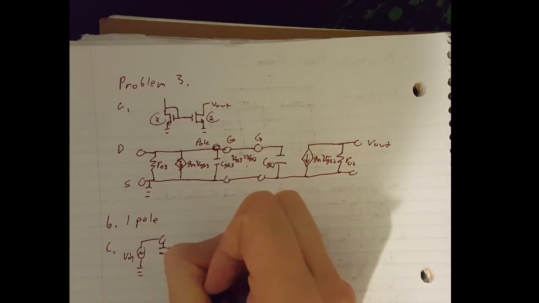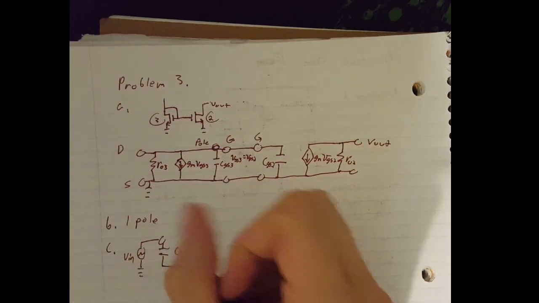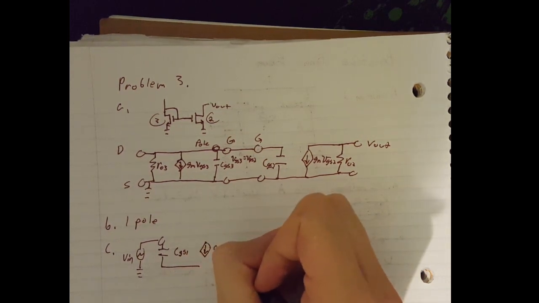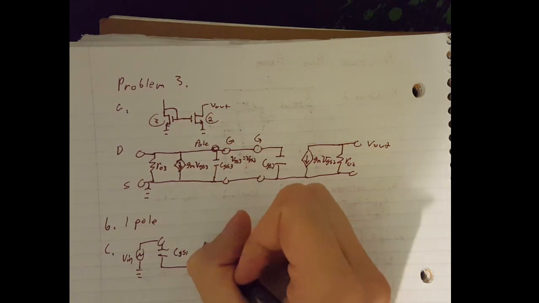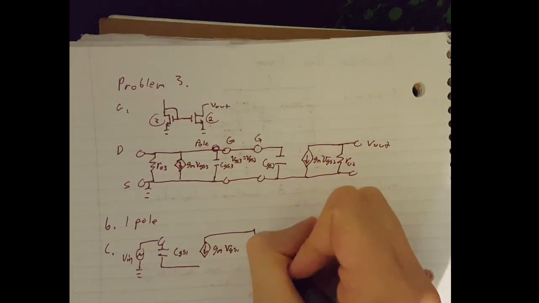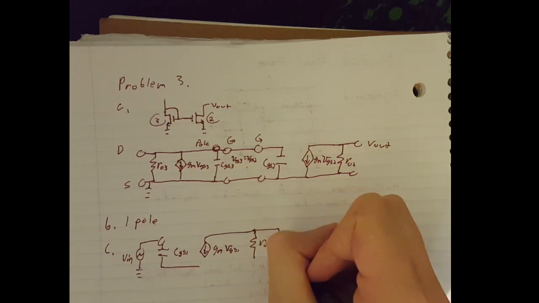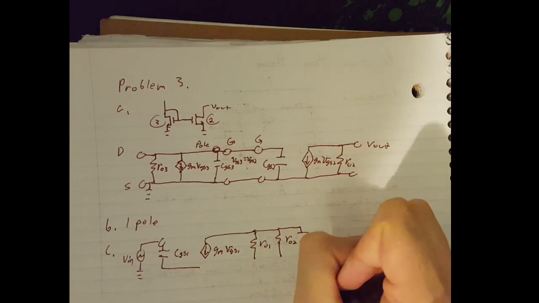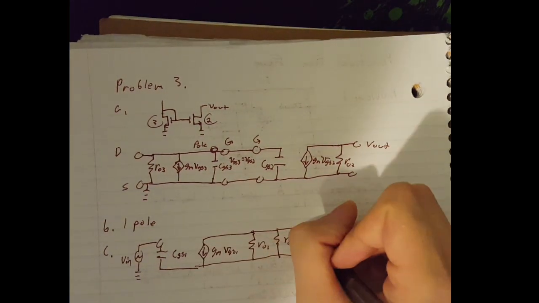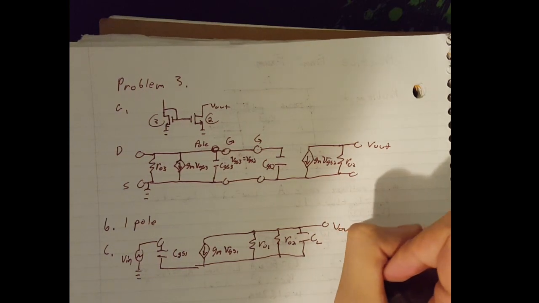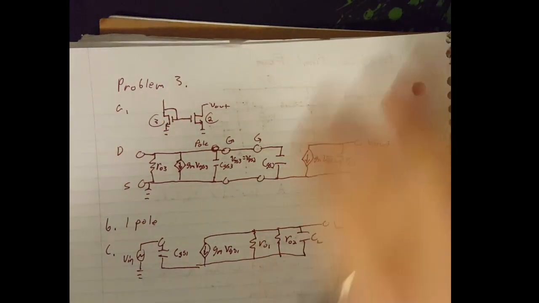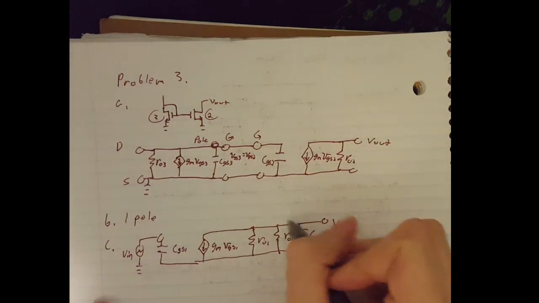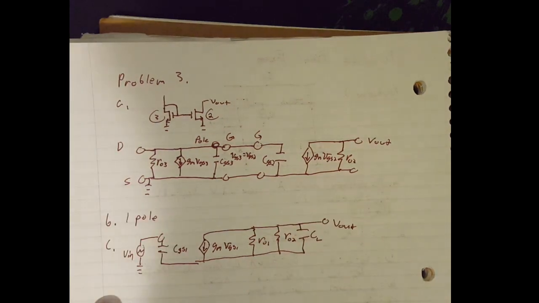We don't have any R sig, so we don't have a pole over here. So the dominant pole here is the only pole that's in this, which is right around V out.